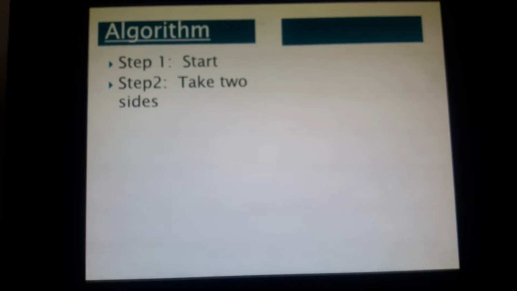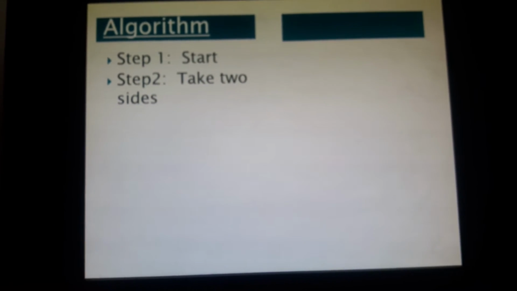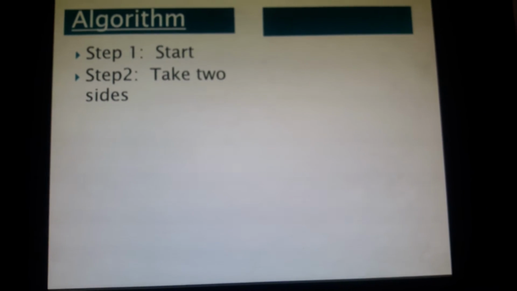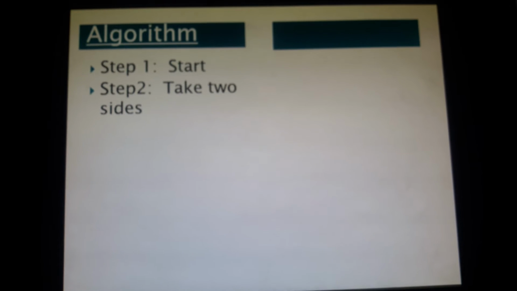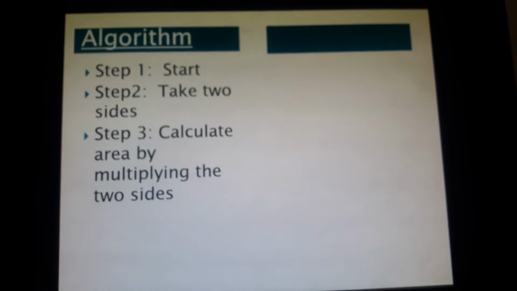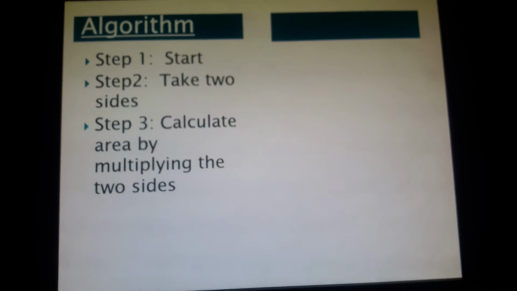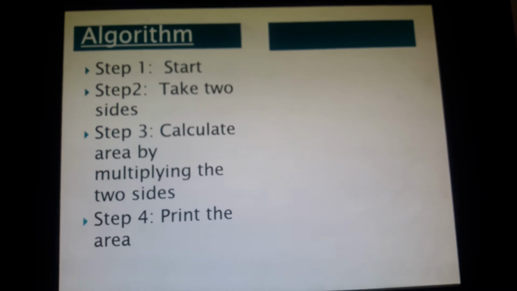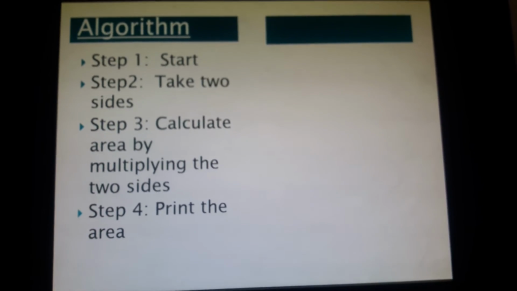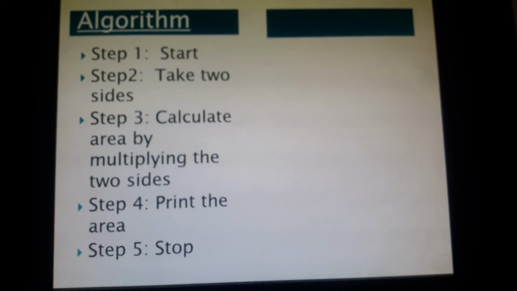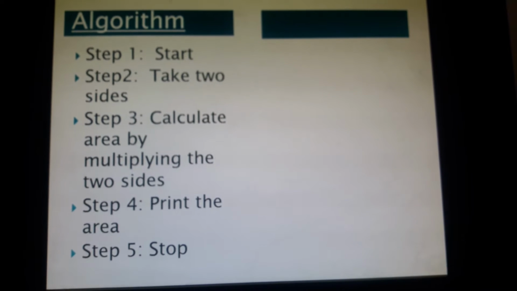Step 2, take two sides of a rectangle. You know the opposite sides of a rectangle are equal, so we'll take two sides, L and B or A and B. Then step 3, you'll calculate the area by multiplying these two sides, and you'll get the result, that is area. You'll print the area, and last you'll stop the algorithm.